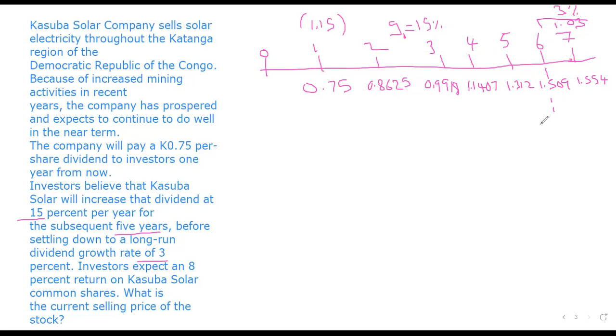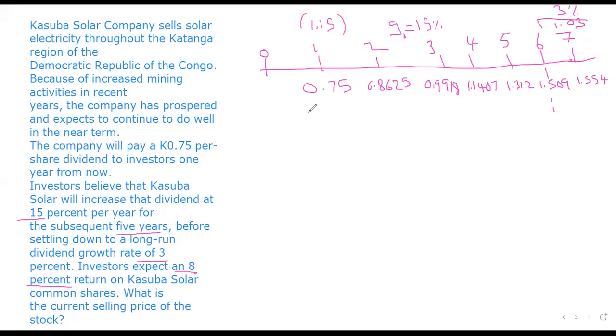Okay, so are we okay with this? This is called the DDM, the dividend model, to project the future values. Are we okay so far? Yes. So now we need to discount each of these to present. Our discount rate is what? The rate of return is 8%, right? Our KD is 8%, isn't it?